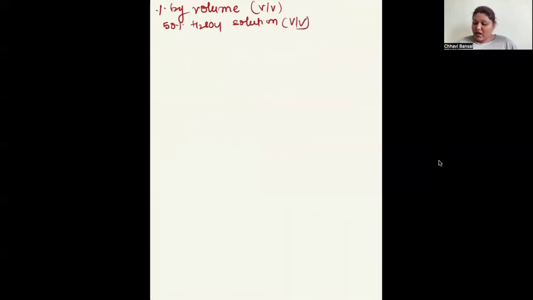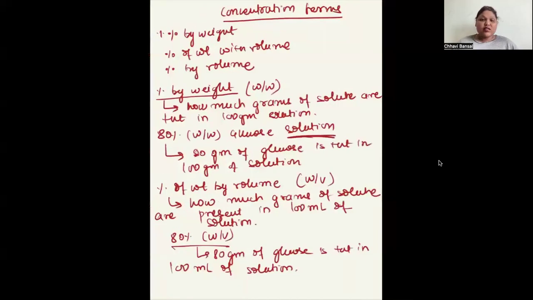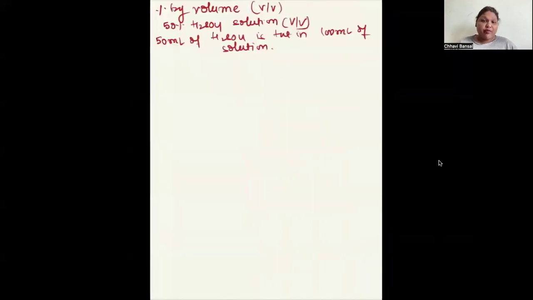This means 50 ml of H2SO4 is present in 100 ml of solution. Okay, this is what it means. So these are the three percentages that we discussed: percentage by weight, percentage of weight with respect to volume, and percentage by volume. Clear? After this, the very important concentration term is molarity.